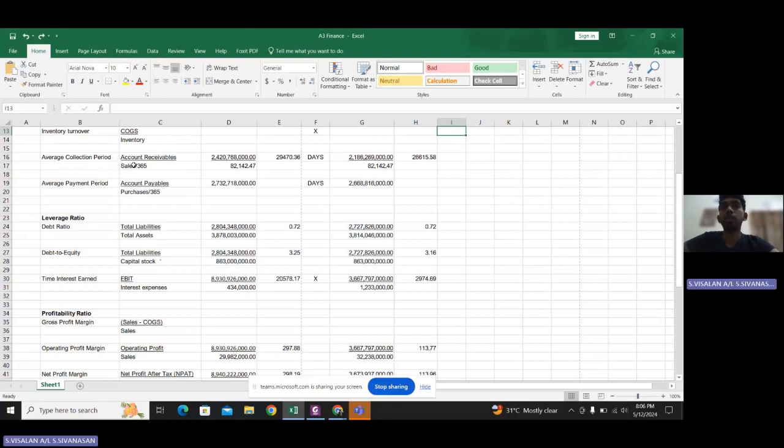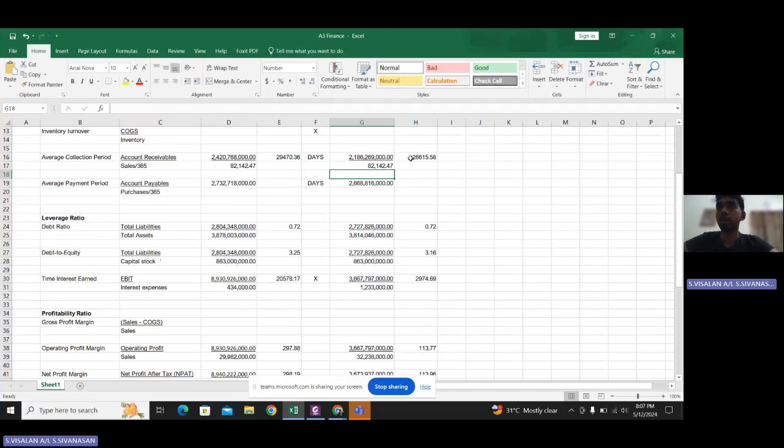So we come to the average collection period. For the average collection period, we must divide accounts receivable by sales over 365. For the year 2021, the accounts receivable is 2,186,269,000, divided by the actual sales, 299,882,000. Divided by 365, it will come to 82142.47.